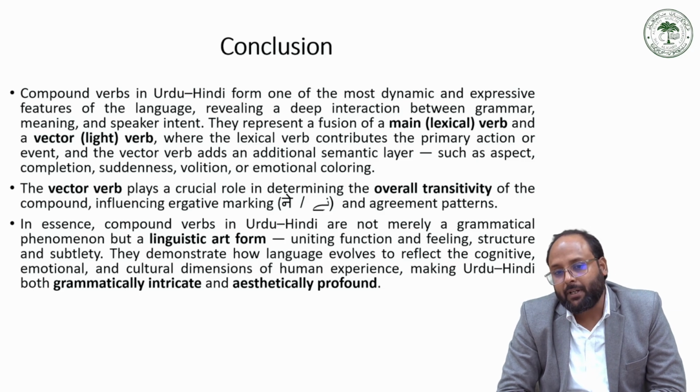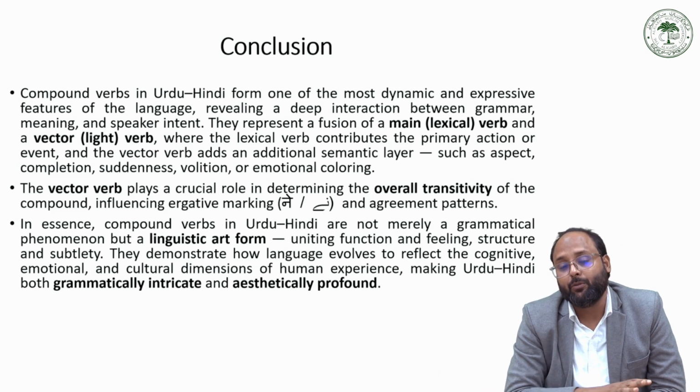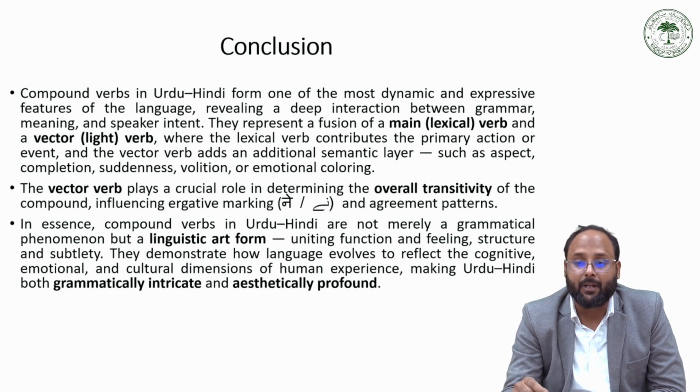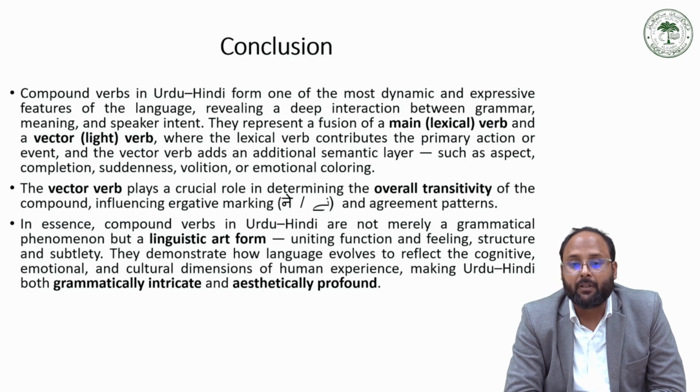For the agreement pattern, when there is an ergative marking on the subject, the V2 verb agrees with the object. And when we do not have the ergative marking on the subject, the V2 verb agrees with the subject. Like उसने खाना खा लिया, so लिया agrees with the खाना object.